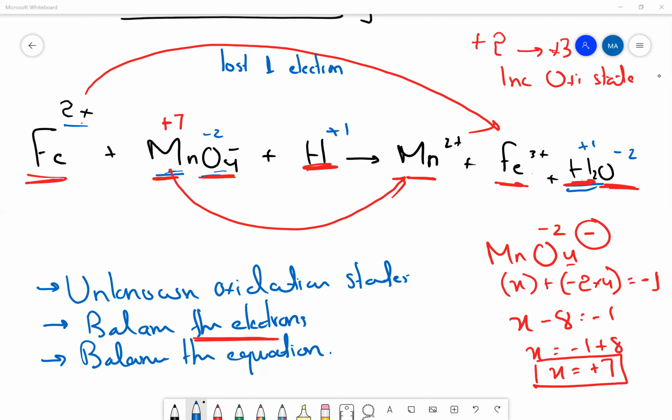To see how iron's oxidation state is changing from +2 to +3, right? So this is an increase in oxidation state, and increase in oxidation state is oxidation. Oxidation is also loss of electrons. If the oxidation state is increasing by 1, this indicates that this iron is losing 1 electron, right?